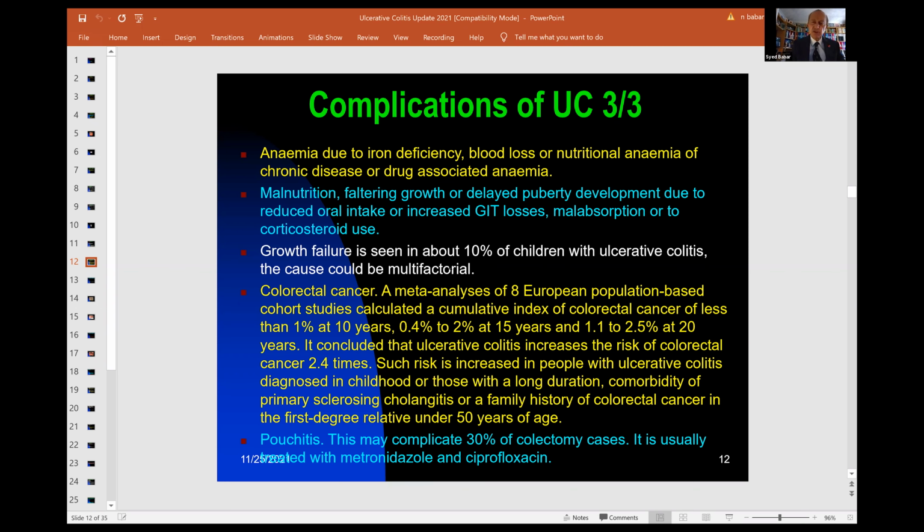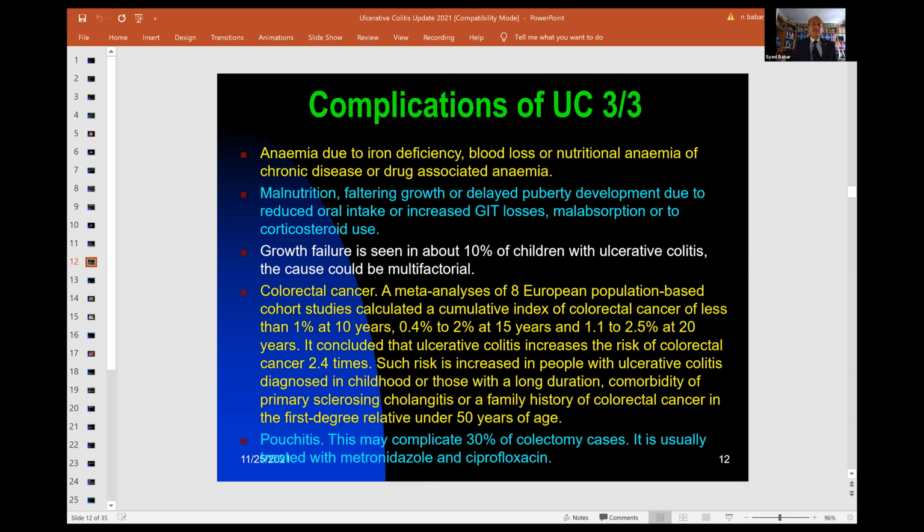Whether the ulcerative colitis is precancerous was assessed on the basis of a large meta-analysis of 8 European population-based cohort studies. The results were confusing, and consistently the results showed that the incidence of cancer increases with the age of ulcerative colitis.